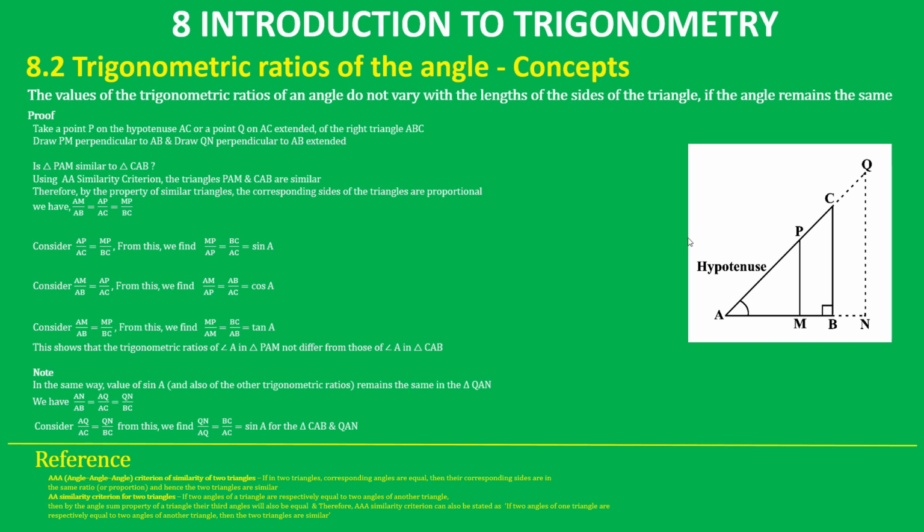the trigonometric ratios are the same across the CAB triangle and the QAN triangle. Alright, CAB triangle and QAN triangle. Using the same AA similarity, triangles CAB and QAN are similar, which means that the corresponding sides are in proportion.